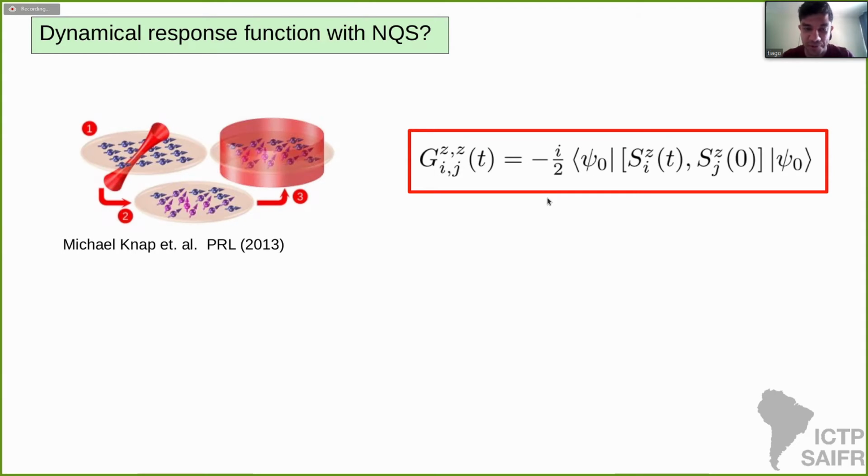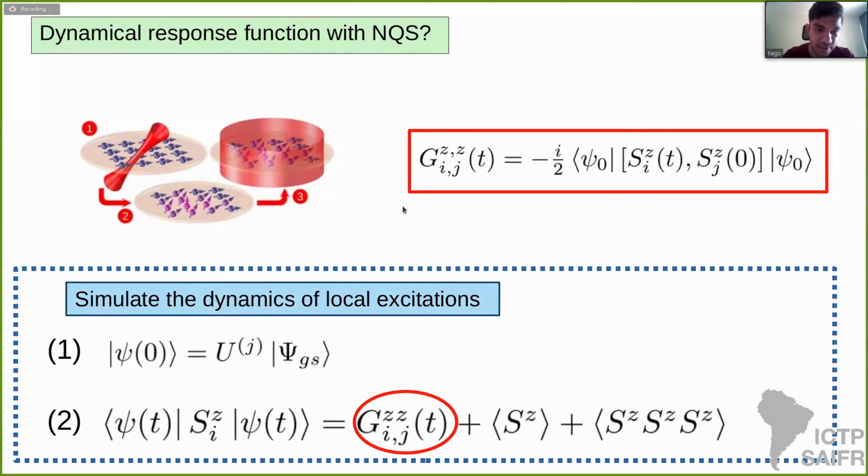So you use exactly this protocol, and the idea is to perturb a system locally. You compute the ground state with this method, then you perturb this ground state locally, and then let the system evolve. One can show that in this equation, the expectation values of local quantities as a function of time depend on this Green's function.